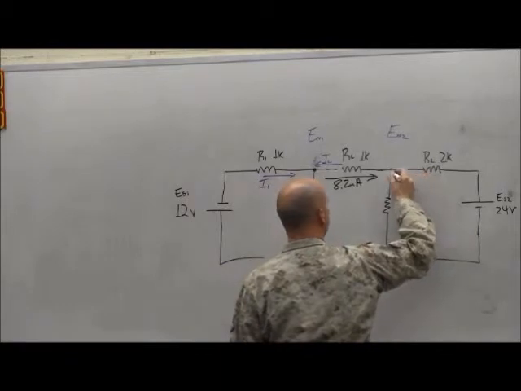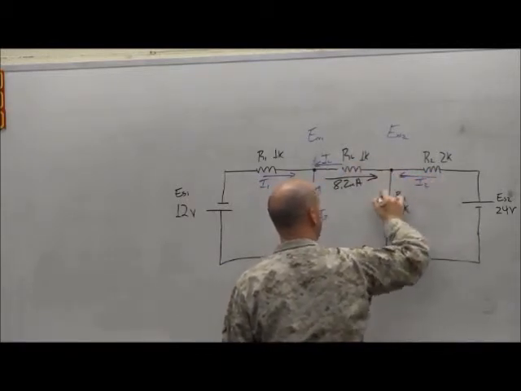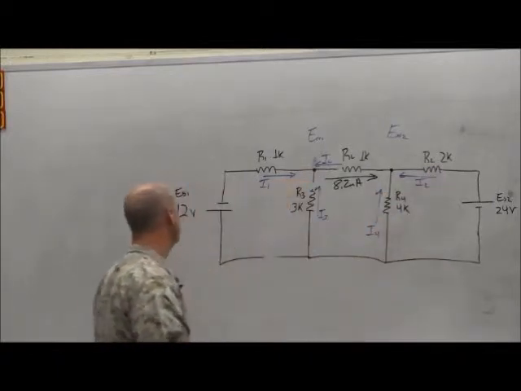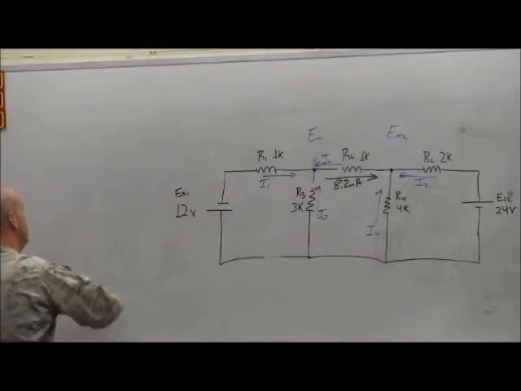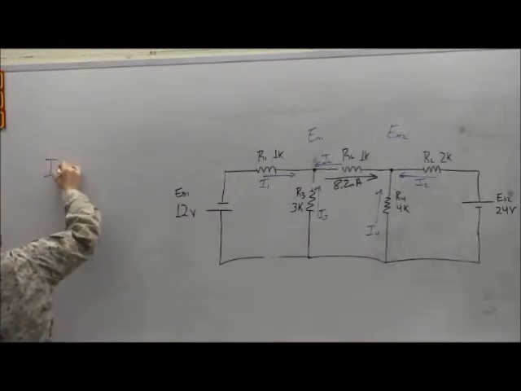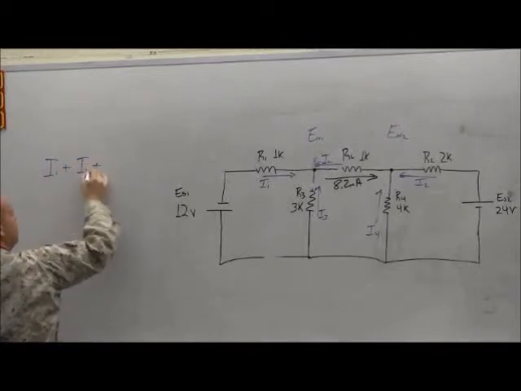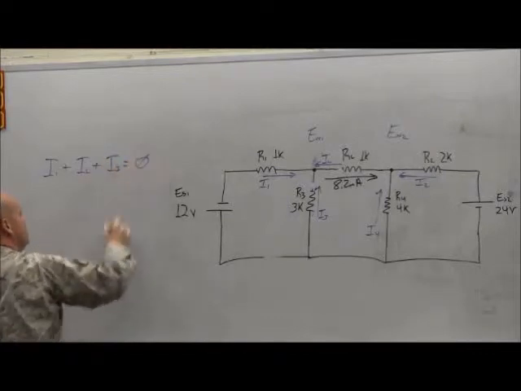For En sub 2, we'll have that IL again, we'll have I2, and we'll have I4. So from here, we'll proceed. We'll do En1 first. We know that I1 plus IL plus I3 equals 0.